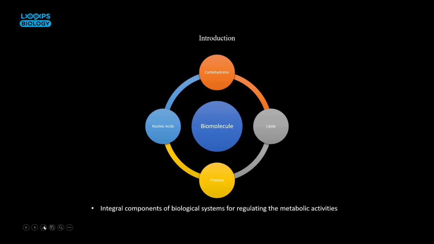In the case of biomolecules, I am able to see carbohydrates, which are also called polysaccharides in their polymeric form. If I'm talking about lipids, there is a complex structure called triglycerides.